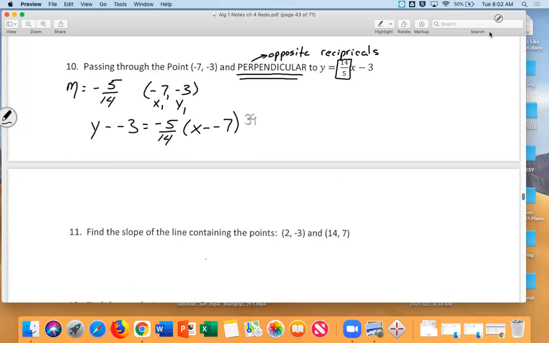Simplify. Yeah, I got to simplify by changing the two negatives to a positive. So that's going to make it y plus 3 equals -5/14 times x plus 7. We all good?